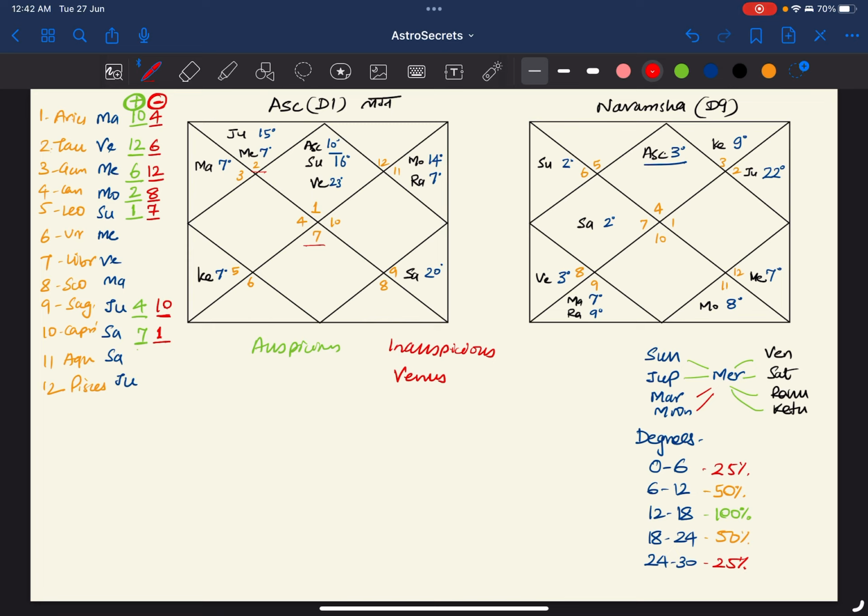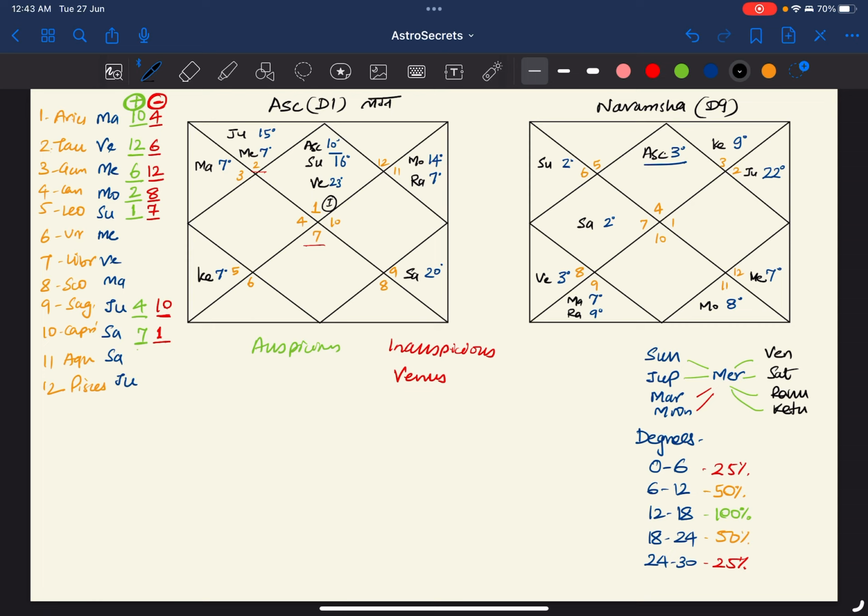Auspicious planets are nothing but, if you look at the first house, the ascendant house basically. The sign that is there in the ascendant house, I will mark this house as well. This house is the first house. In the first house you have one written, right?